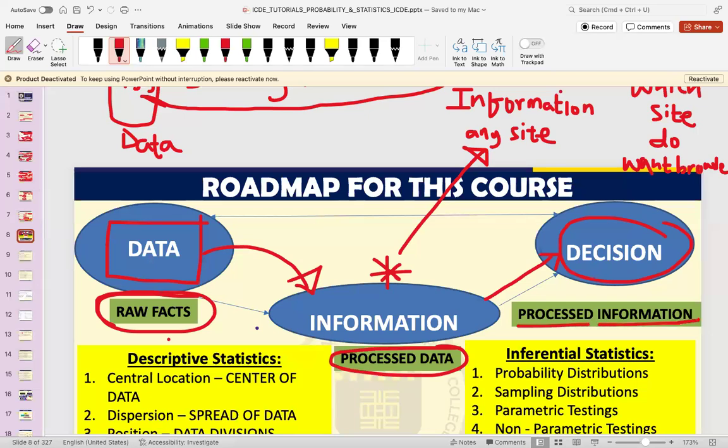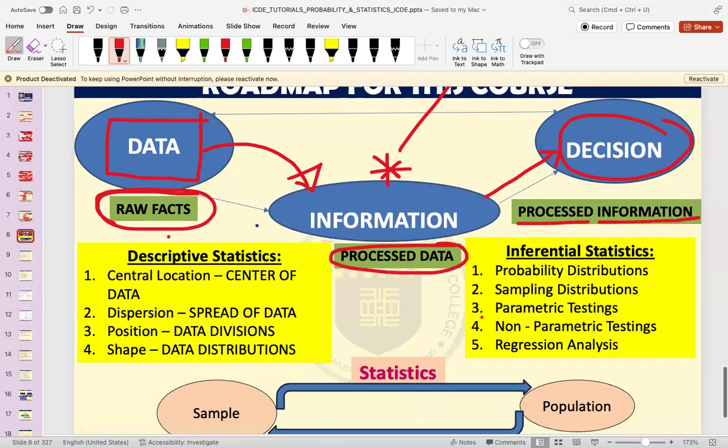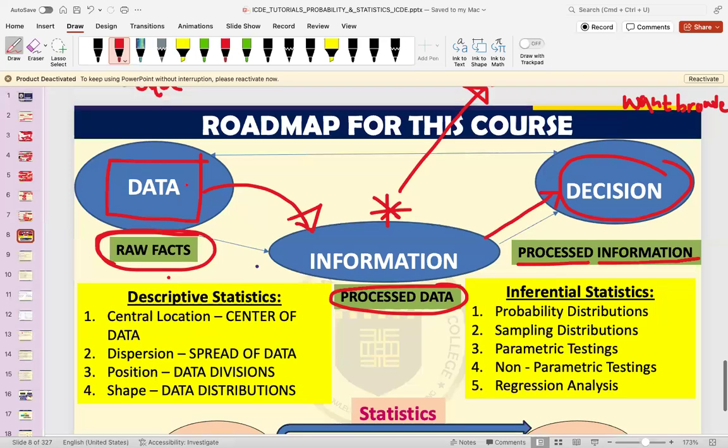And that is our roadmap for the semester. We'll be dealing with data, we'll try converting them into information, and then we'll also pick our decisions from the information. And some of the metrics that will help us to move from data to decision are the ones I've colored yellow.